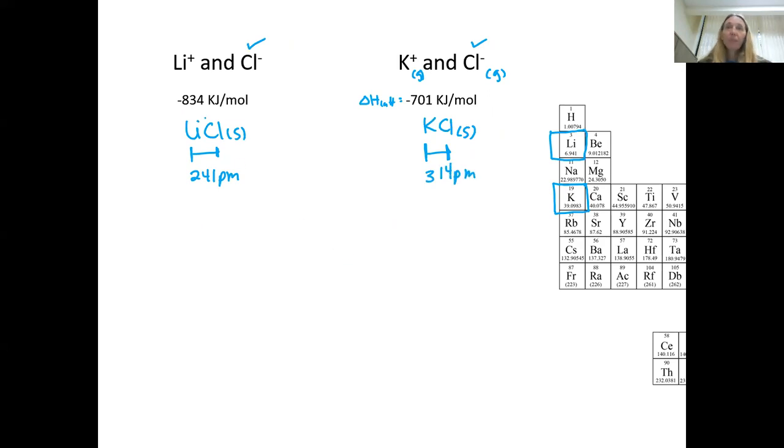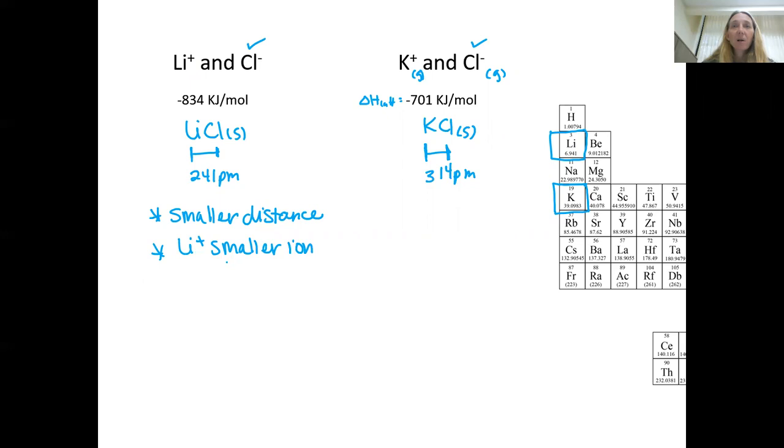And so in lithium chloride, we have this ionic distance that's smaller. Also, between lithium and potassium, lithium is a smaller ion.